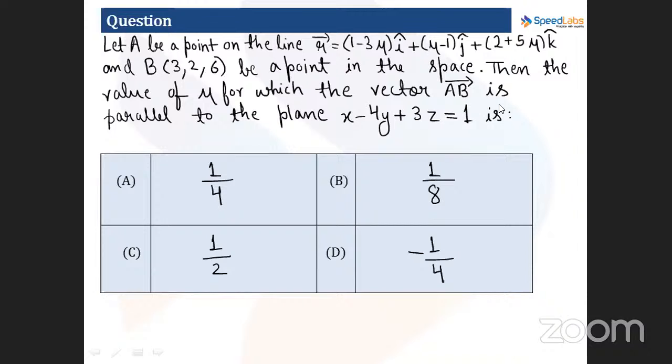Yes, Kritika, it is correct. Yes, Shreyas, it is correct.